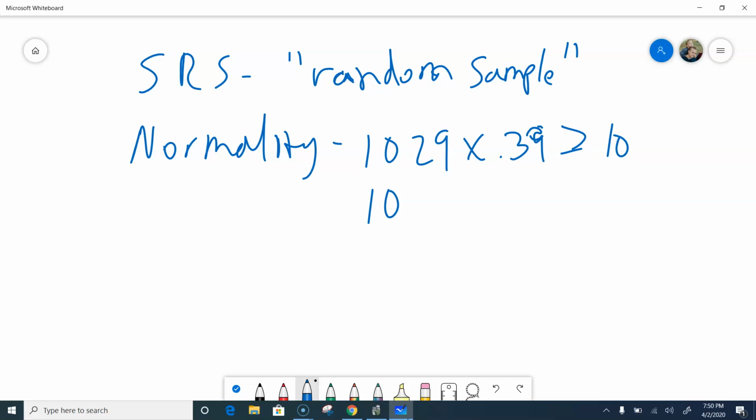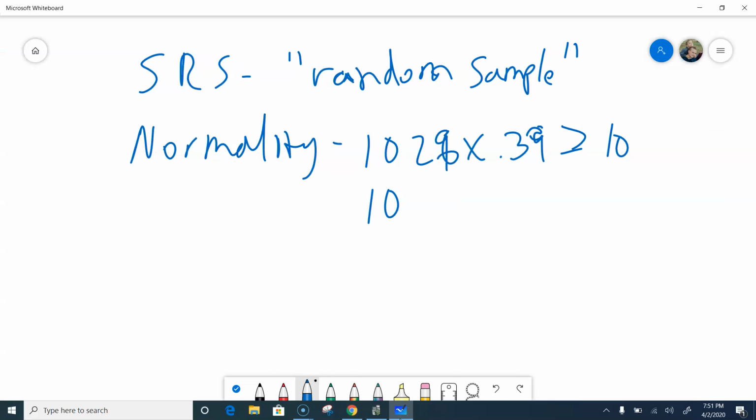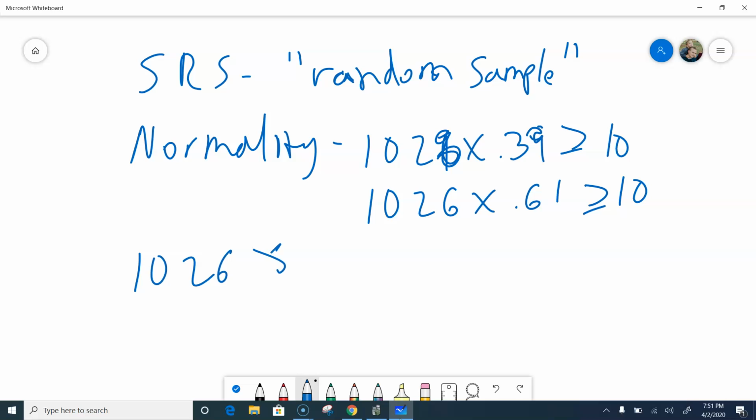And 1,026 times 0.61, also greater than or equal to 10. Okay, and then 1,026 is less than a tenth of all U.S. adults.